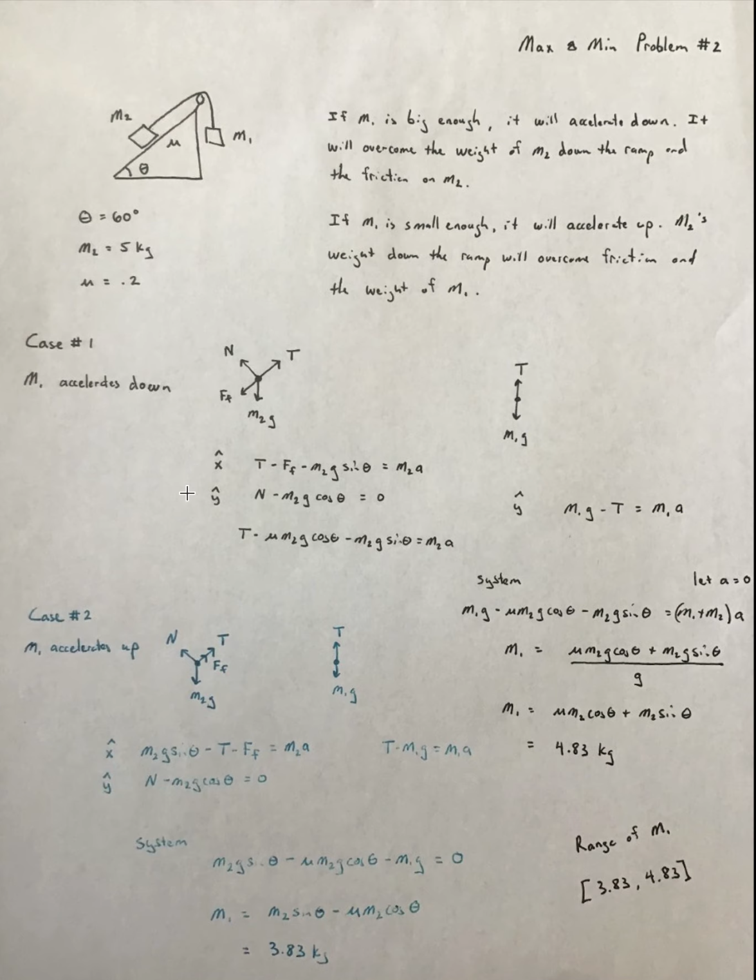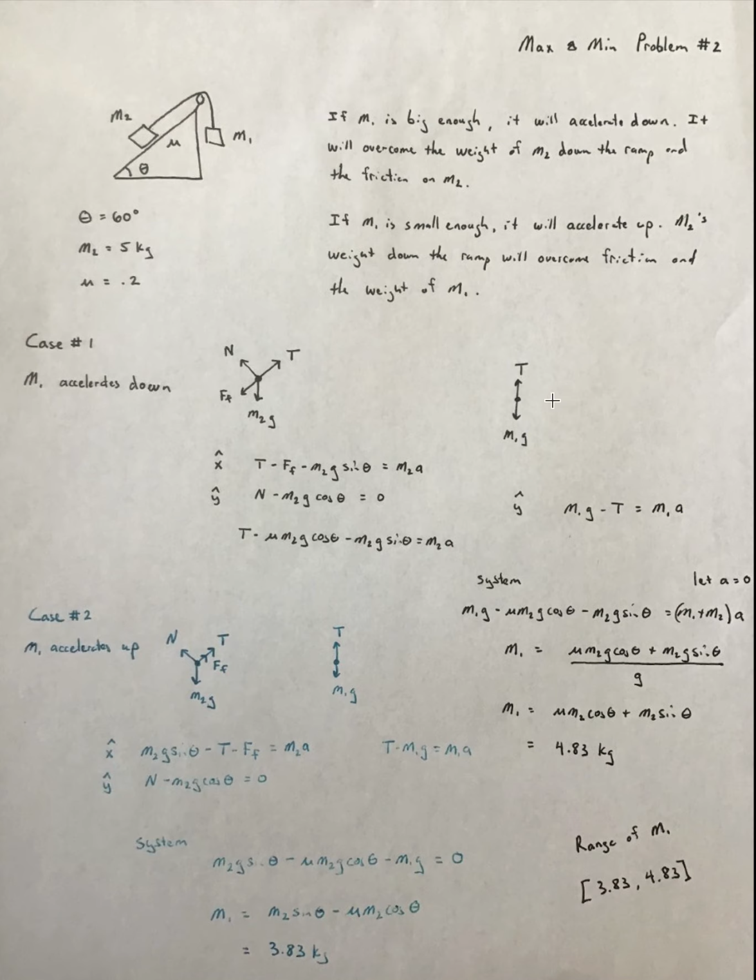I write the x-hat and y-hat equations for each. Same thing we always do. We look at this equation here and we find out that the normal force is m2g cosine theta. We substitute that in for friction because we know friction at its maximum is mu N. And we get this equation if we look at just box 2 on the ramp.